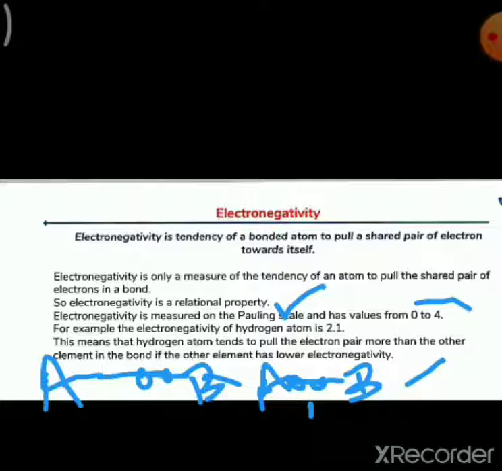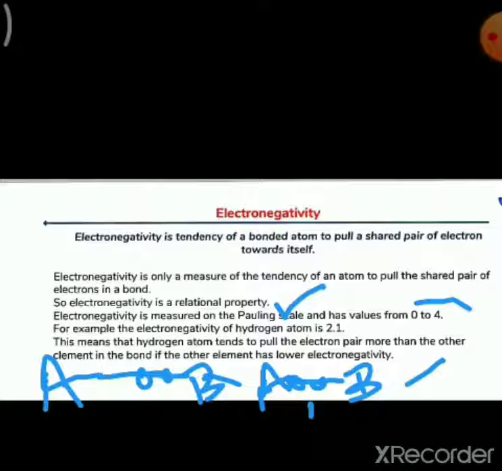So if any other atom is bonded with your hydrogen atom, that atom should have a lower electronegativity value. After that only we can show the electronegativity of hydrogen.